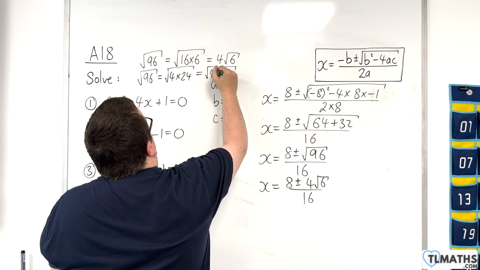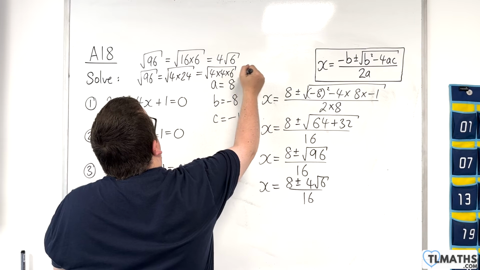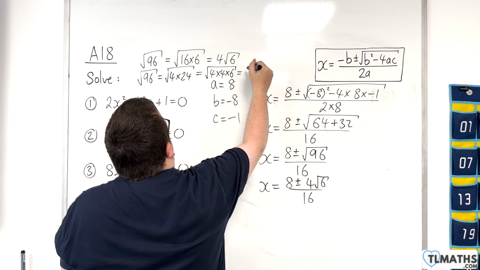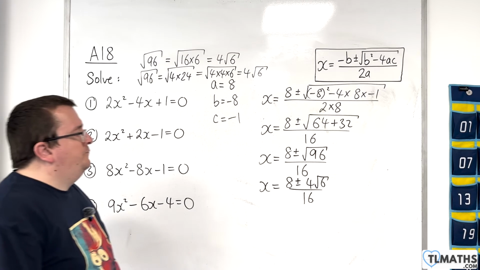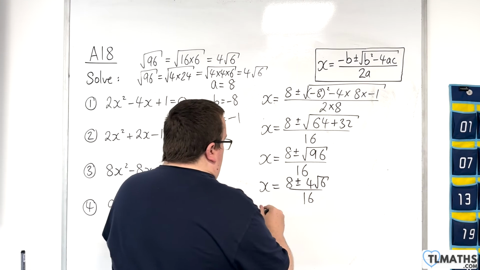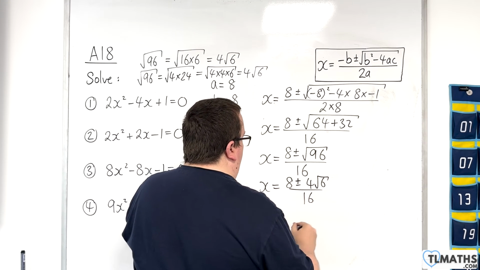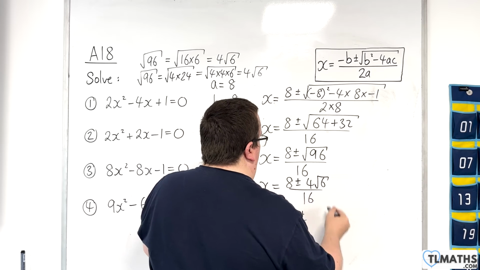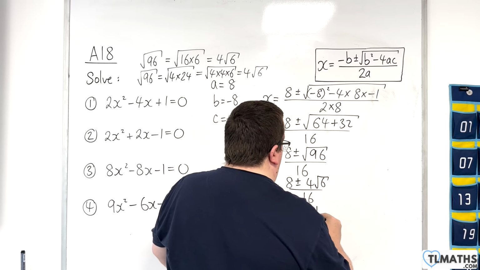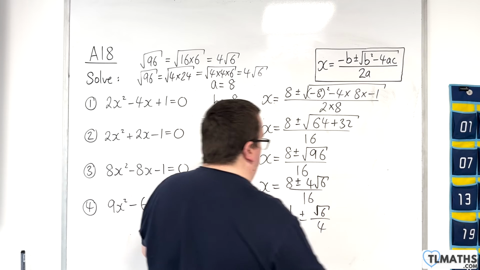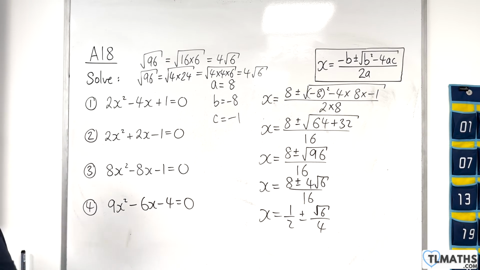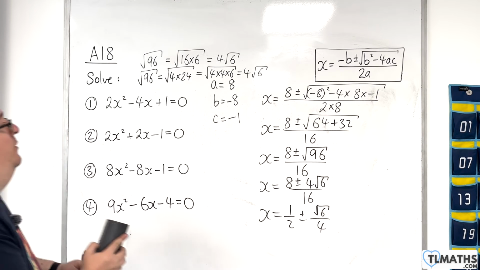So you'd get 4 times 4 times 6. And so then you can spot that that's 4 root 6. Okay? So then here, we've got 8 over 16, which is a half, plus or minus 4 over 16, which is a quarter. So a quarter of root 6, or root 6 over 4. Okay? So that's number 3.